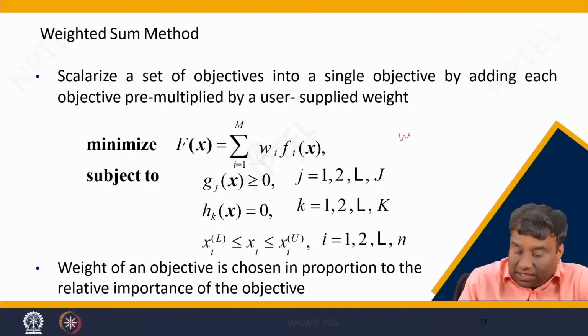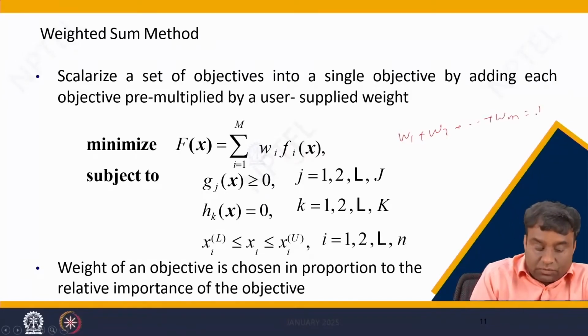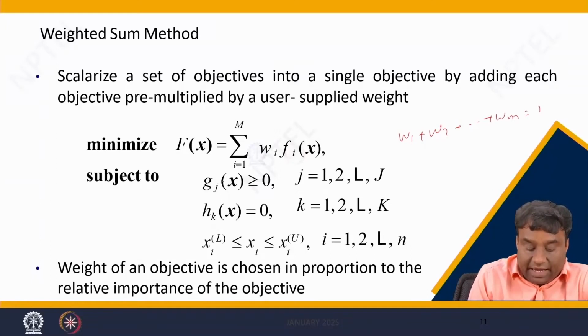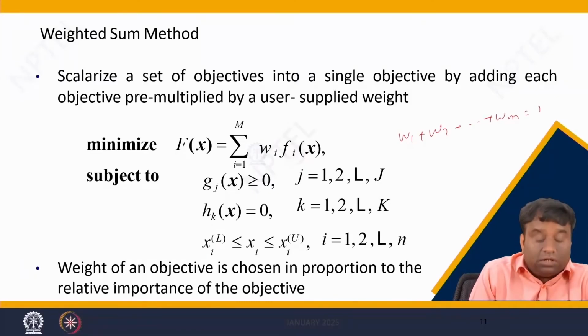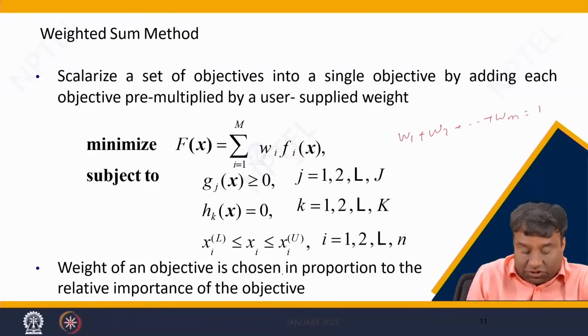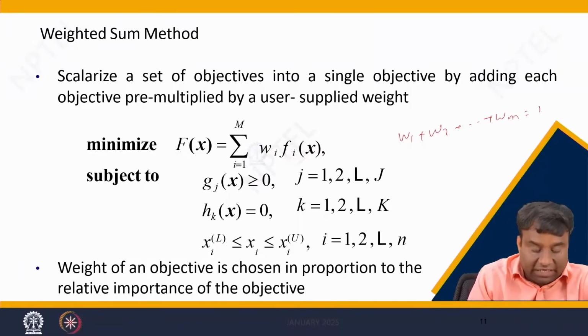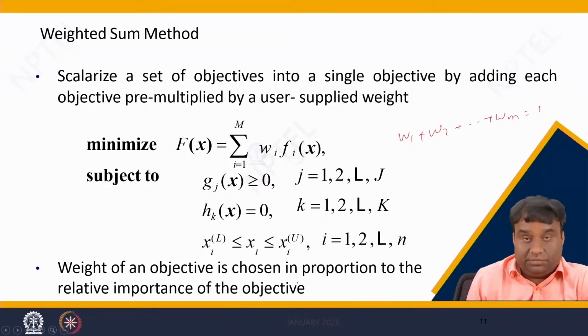So you can say w1 plus w2 up to wm equal to 1. Subject to gj(x) greater than or equal to 0 for j equal to 1 to l, hk(x) equal to 0 for k equal to 1 to l, and xi belongs to xi lower bound to xi upper bound. Weight of an objective is chosen in proportion to the relative importance of the objective.